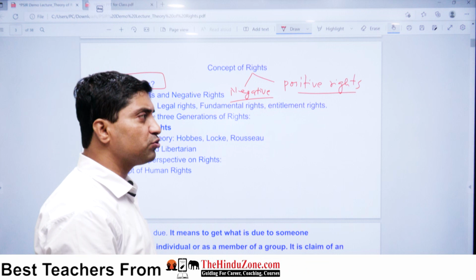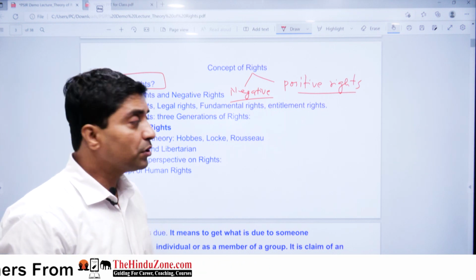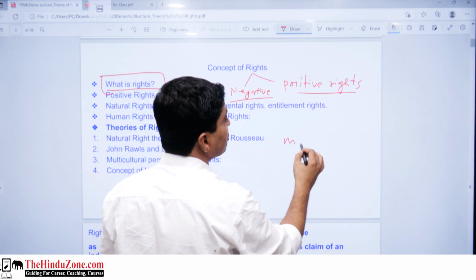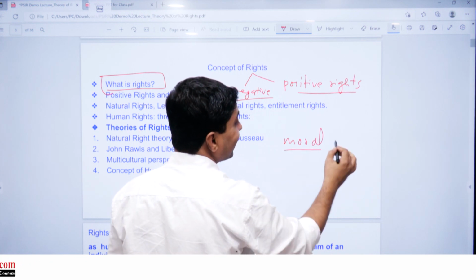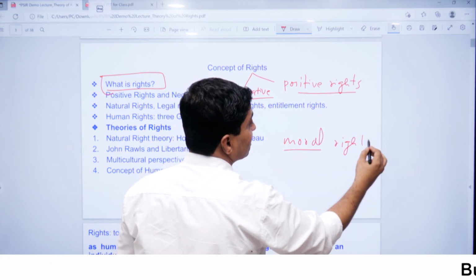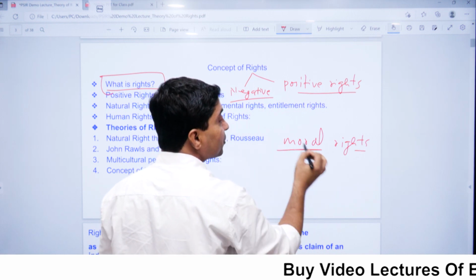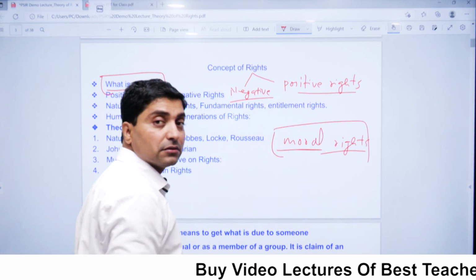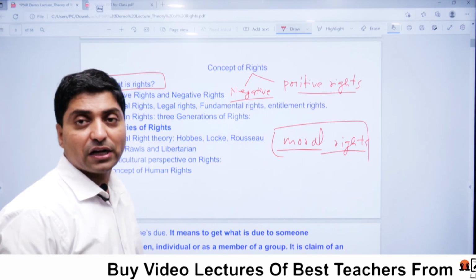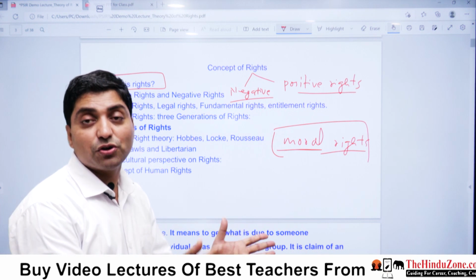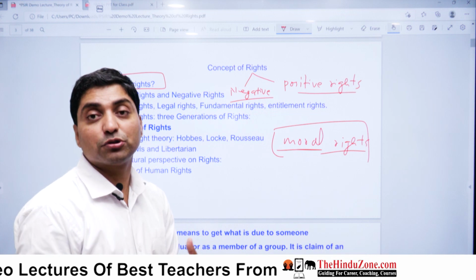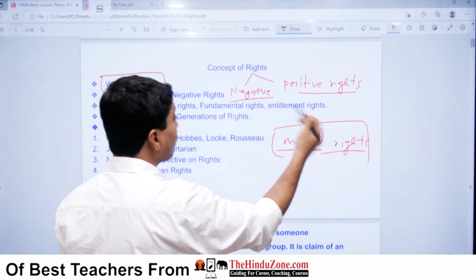So these are different meanings of rights. For example, when you say moral rights, what is the meaning of moral? Moral means correct. So a correct due to the person is called moral rights. For example, constitutional rights: many rights you have received through the constitution are called constitutional rights.